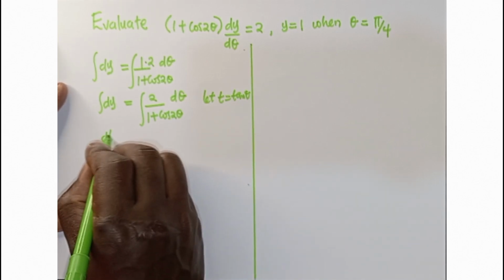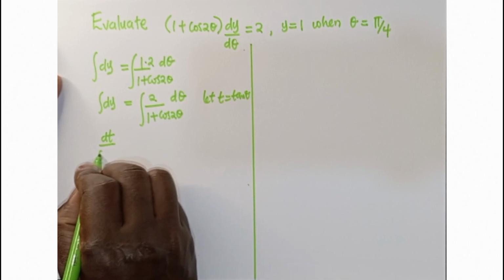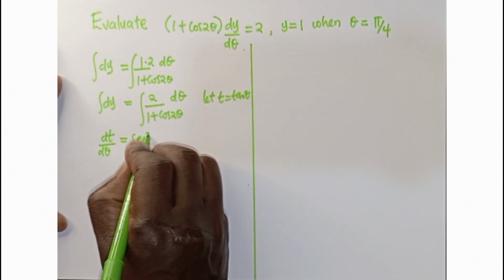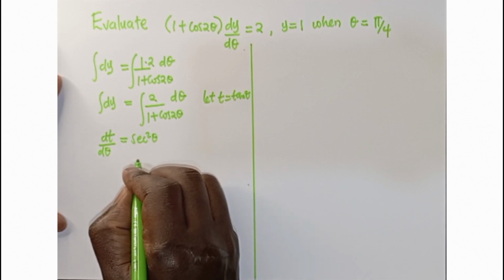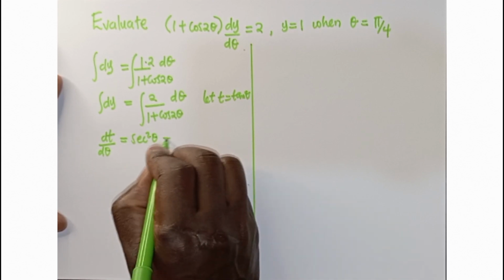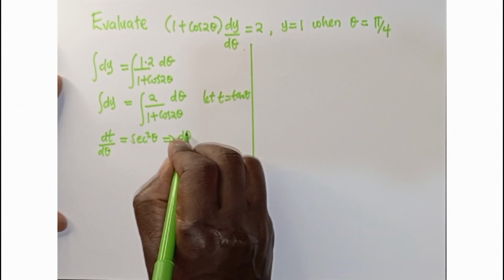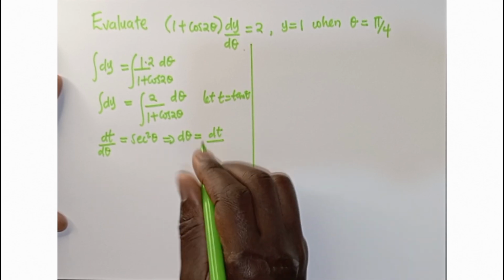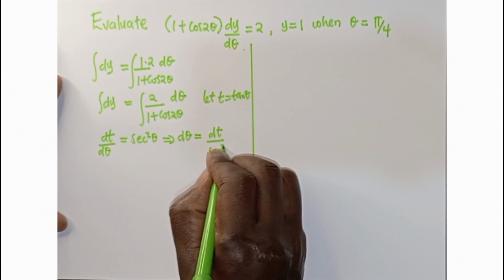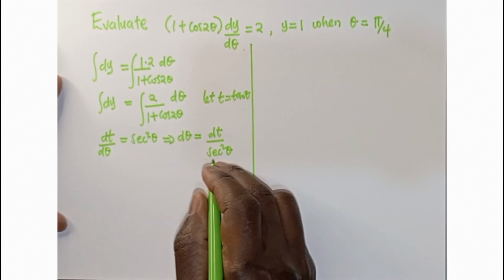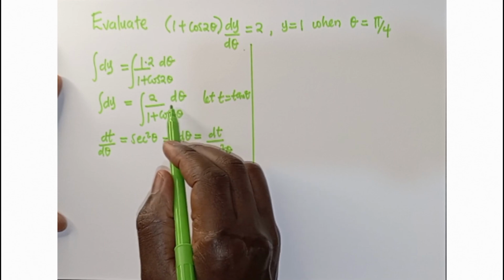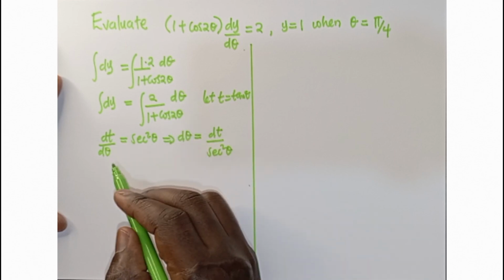So we get dt d theta is equal to sec square theta. So we make d theta the subject, and we have dt over sec square theta. We are going to substitute it there.